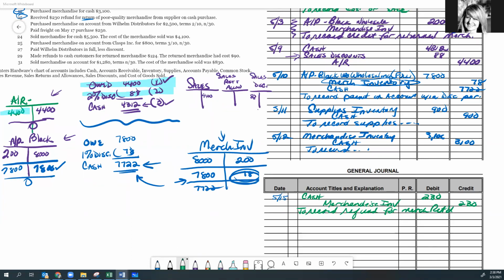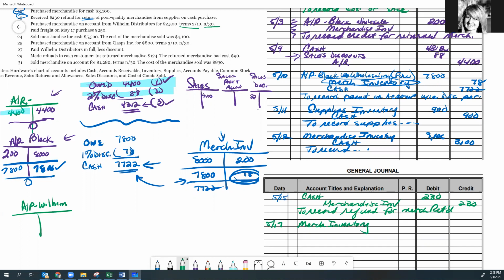On 5/17, we purchased merchandise on account from Wilhelm Distributors for $2,500, and now we have credit terms 2/10 net 30 because we are purchasing it on account. So I'm going to put another accounts payable here, and this is for Wilhelm. And so we have $2,500 worth of merchandise. So we're going to debit merchandise inventory.